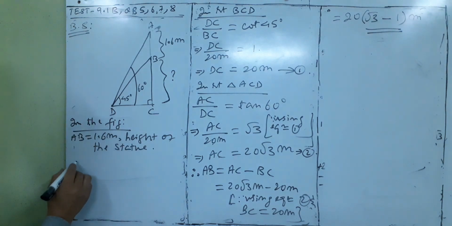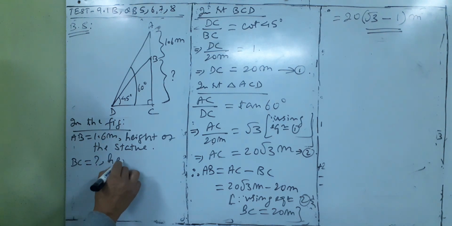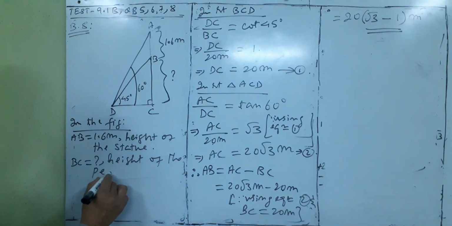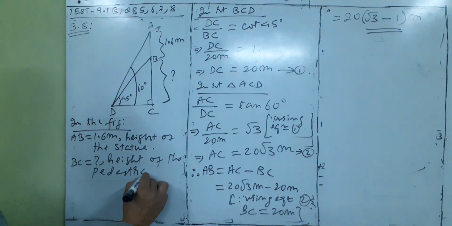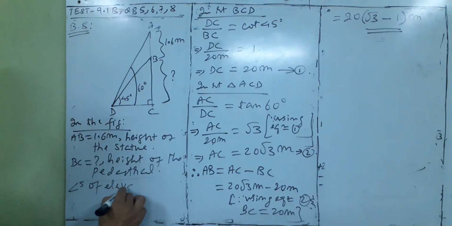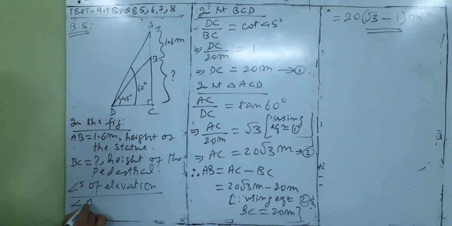And then BC, a question mark, is the height of the pedestal that we don't know yet. Then angles of elevation. Very clearly we can see here. First one is the top of the statue, so ADC they mentioned first. It's up to you which one you mention first anyway.